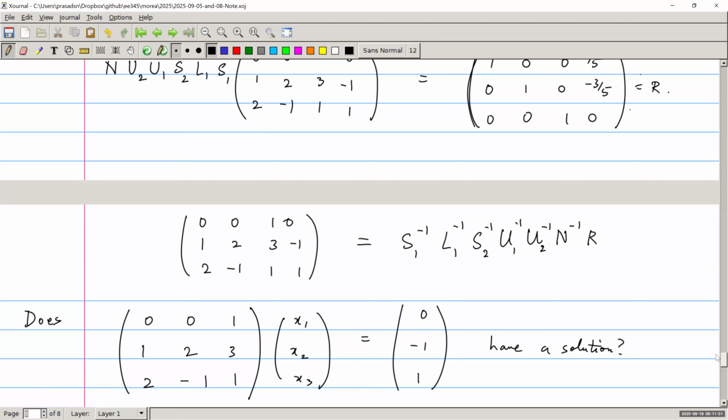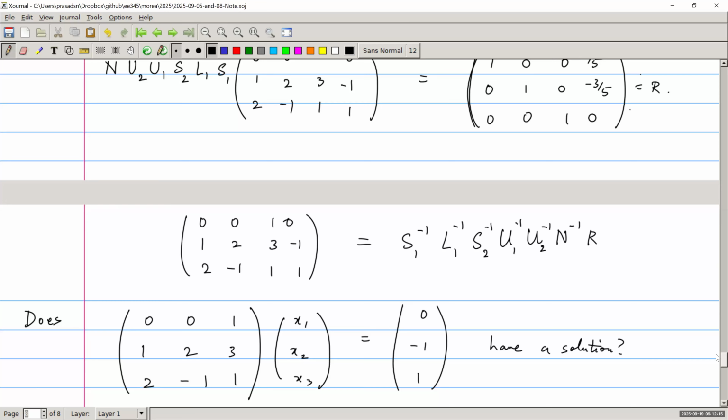On the left is a linear combination with unknown coefficients, and on the right is a vector. So when I ask whether this has a solution, it means can I find coefficients so that the linear combination on the left equals this column? Or equivalently, can this be written as a linear combination of those three columns?